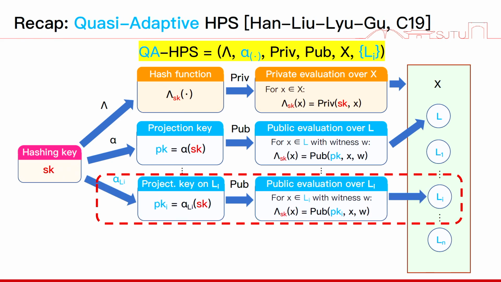In 2019, we proposed the concept of quasi-adaptive HPS in a previous work. For QA-HPS, it considers multiple languages, and on each language L_i, we can compute a projection key on it, namely the PK_i, which equals alpha_{L_i}(SK). And with PK_i, we can evaluate the hash value also with a public evaluation algorithm, which takes PK_i as input.